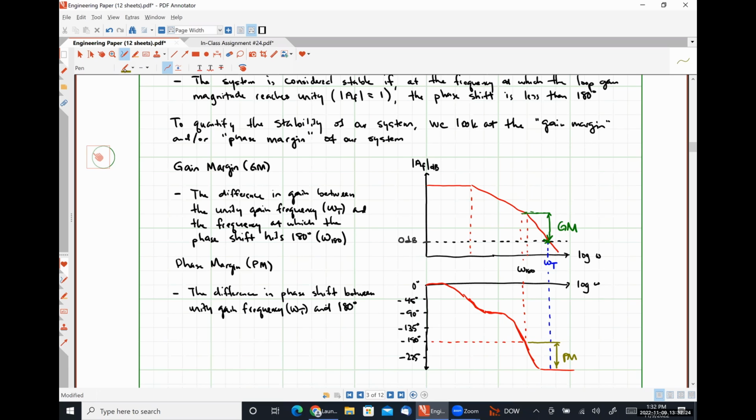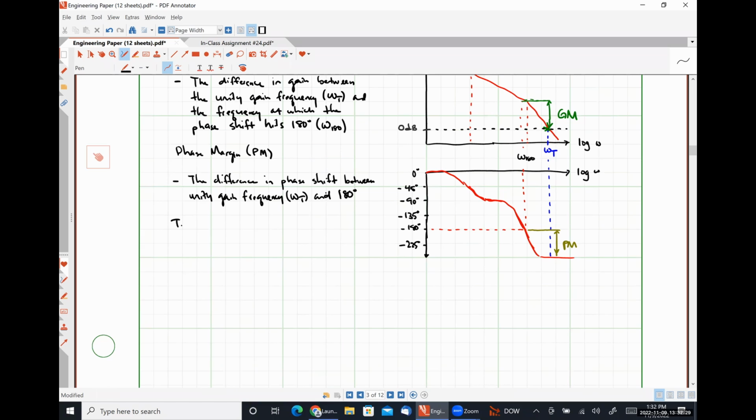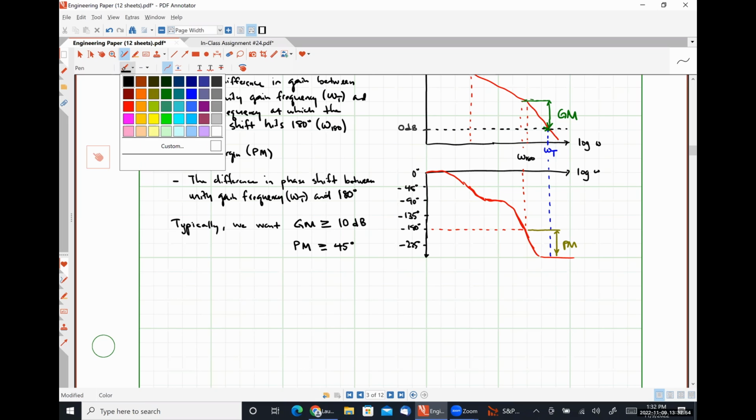Typically, we want our gain margin to be greater than or equal to 10 decibels and/or our phase margin to be greater than or equal to 45 degrees.